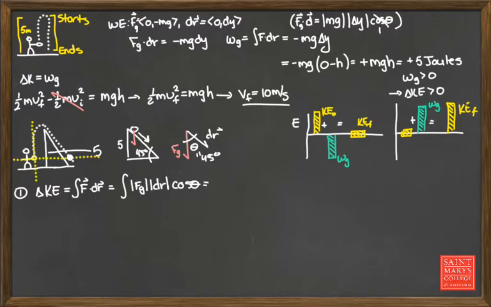This is the same thing as mg, again not minus mg because it's the magnitude. Magnitudes are positive by construction, times, I'll call it dl, so this will just be along the ramp, times the cosine of 45 degrees, which is 1 over the square root of 2.